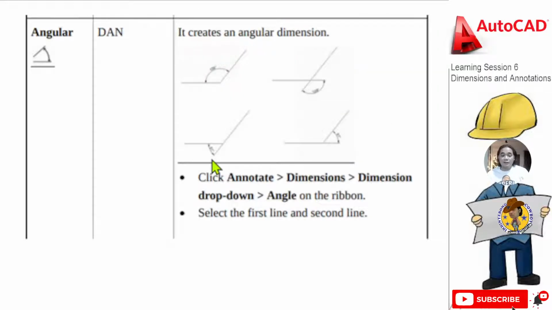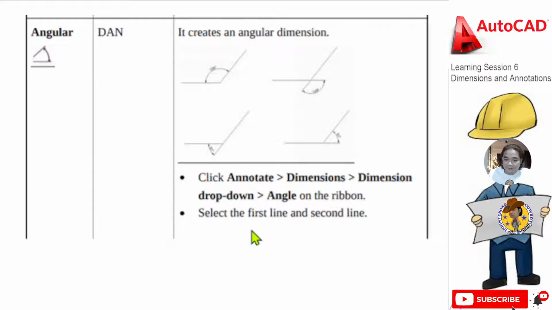Okay, so for angular, we can type DAN in the command line as a shortcut key. Then it creates an angular dimension, so like this one. Then click Annotate, Dimension drop down, Angle on the ribbon.